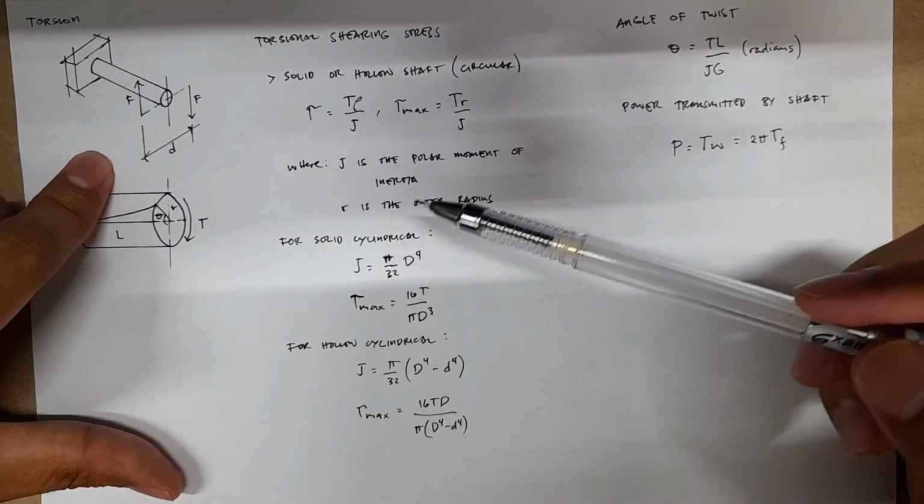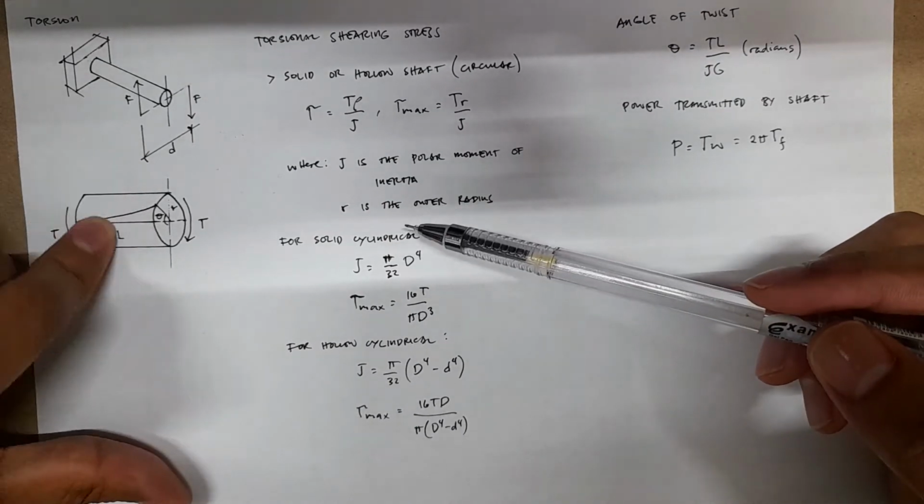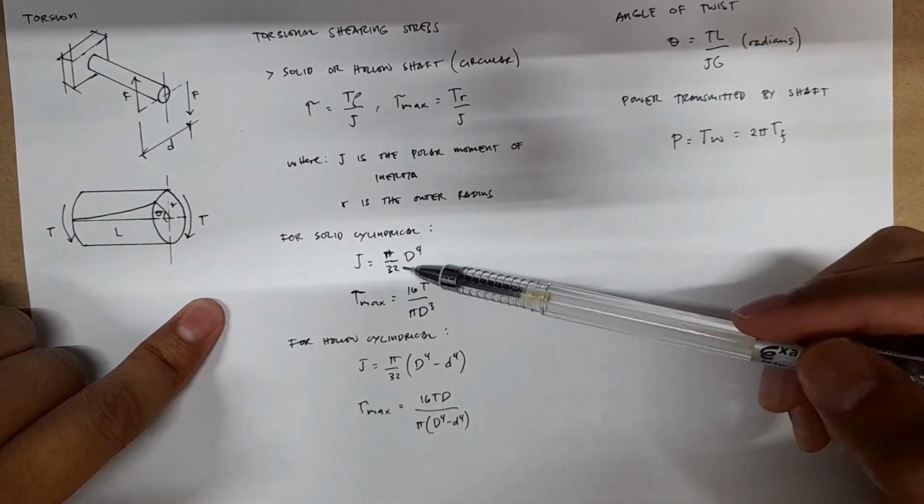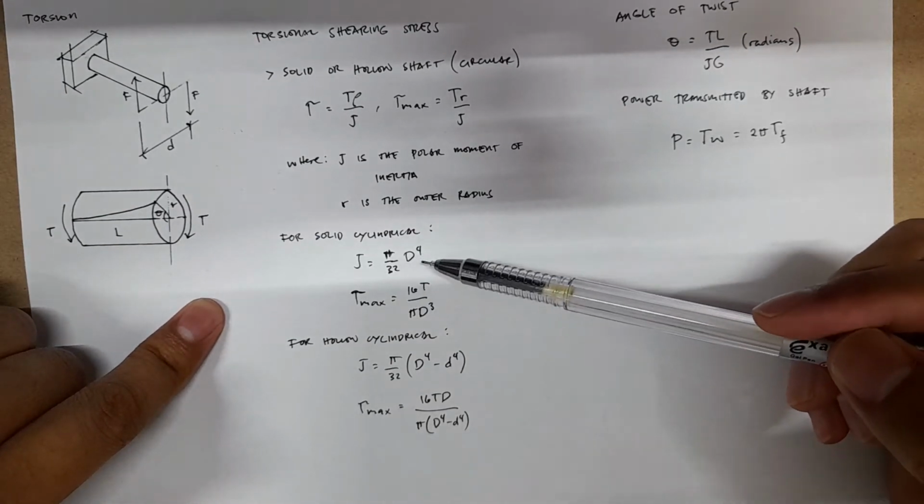For cylindrical solid rods or shafts, J is just pi over 32 d to the fourth.